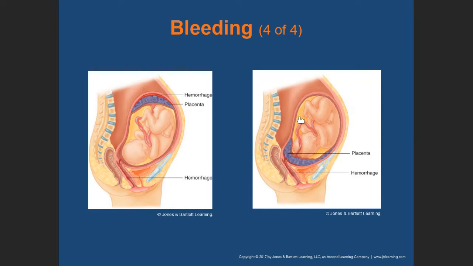Placenta previa, they are not going to be complaining of any pain or discomfort. It becomes an issue when the baby is ready to come out. So when that fetus is ready to be delivered, that's where it's going to cause complications for placenta previa.